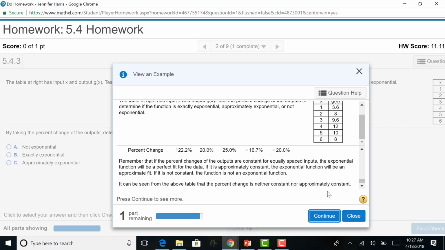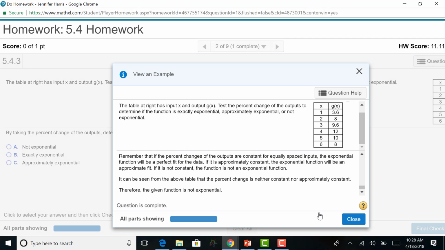So you see what it's saying? It wasn't an exact match, nor was it an approximate match. So therefore, the given function is not exponential. That's what they're asking you. Is there a data that'll match this to turn it into an exponential function? Not at all.